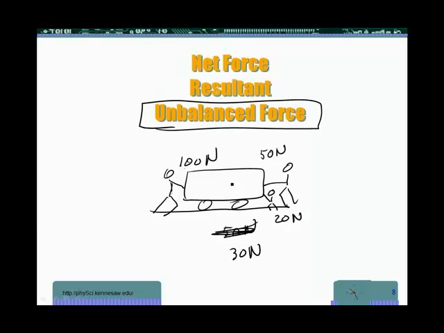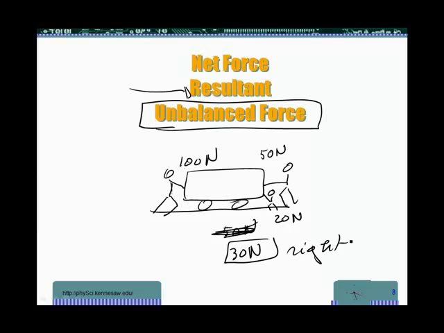We have other titles that we use for that. Is that needed? I don't know, but we actually use them. One title is what we call a resultant force. A resultant force is exactly the same as an unbalanced force. The resultant force in this case is 30 newtons towards the right.